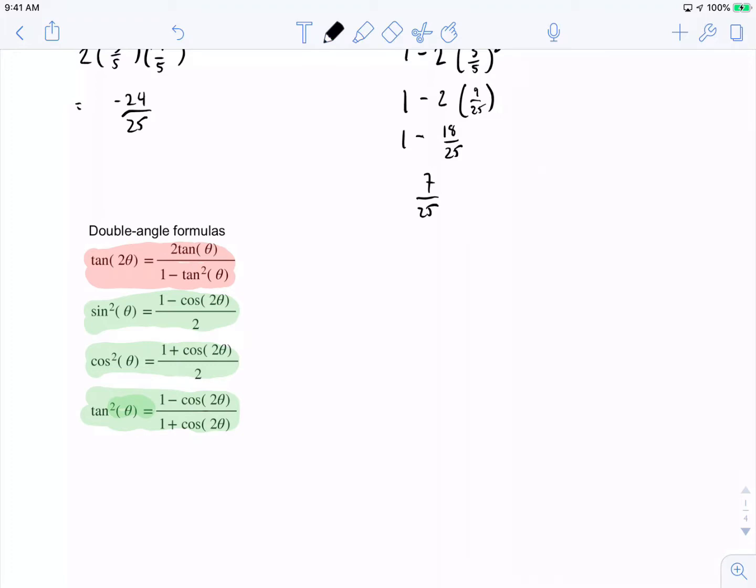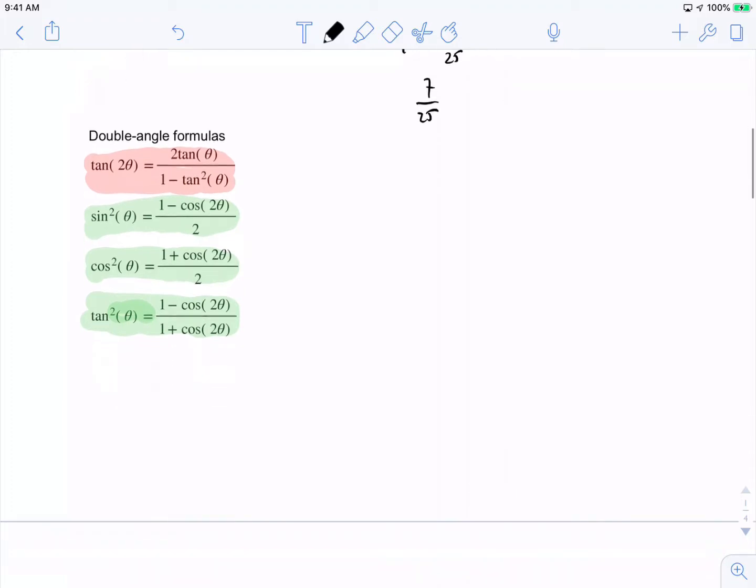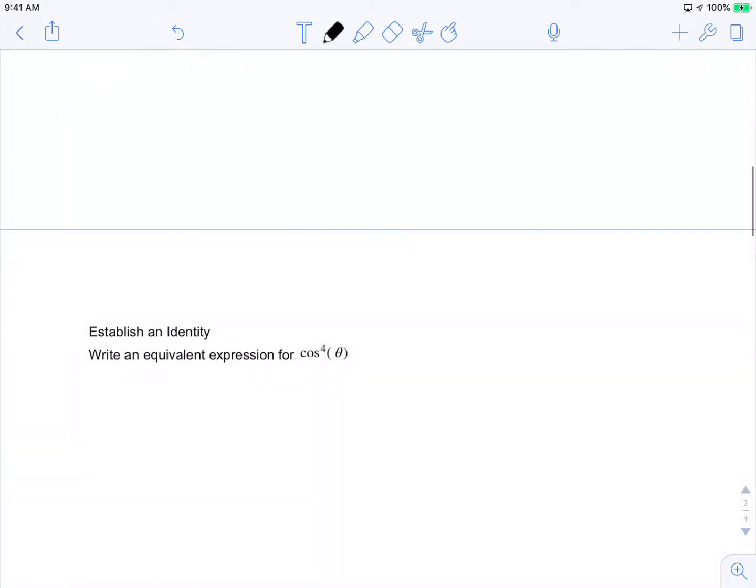So for sine squared, you want to make it something that's not squared, so you convert it to something in terms of cosine. Cosine squared, you also do the same, and then tangent as well. Those are the power reduction formulas. You should know those. Okay, let's do an example.